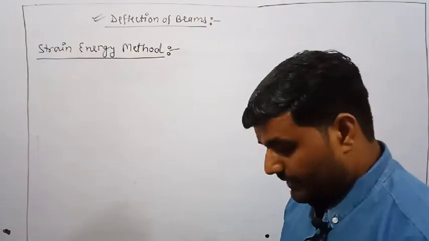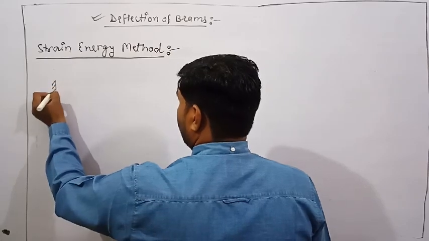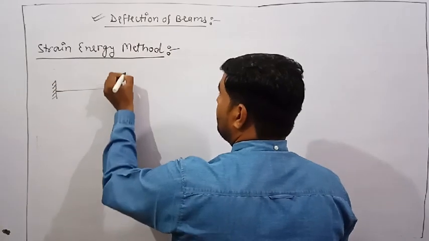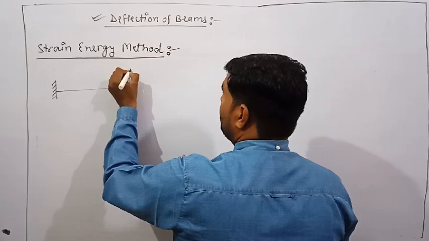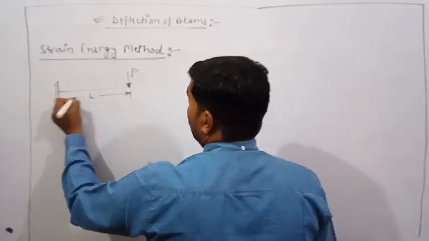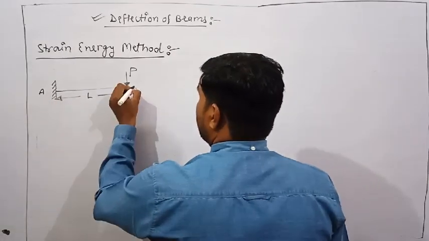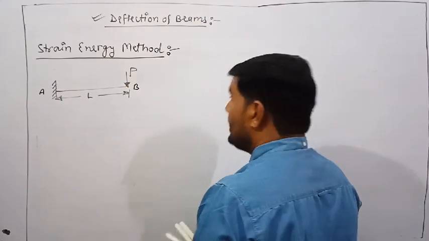Here I am taking a very simple example. Suppose I have a cantilever beam of length L subjected to a point load at its free end as shown in figure. This is point A, this is point B.